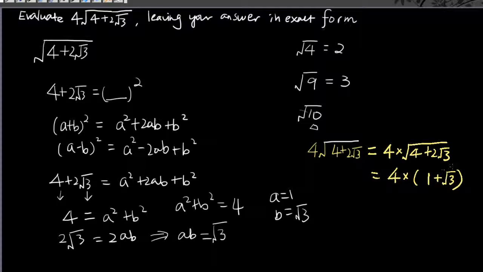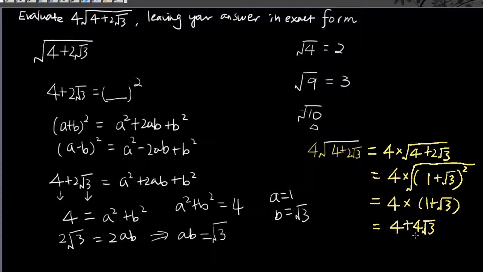Then we have 4 multiplied by (1 plus root 3), which is 4 plus 4 root 3. This answer is in exact form, so that's our final answer.